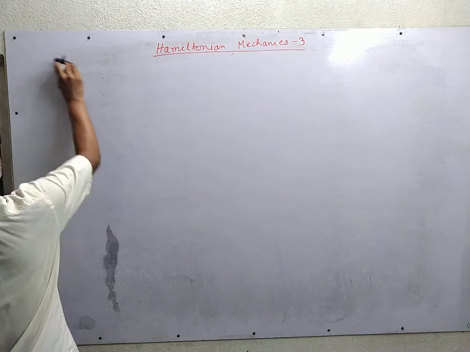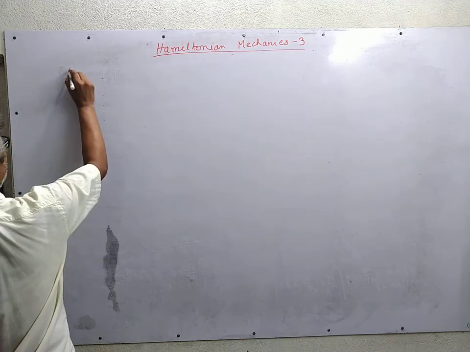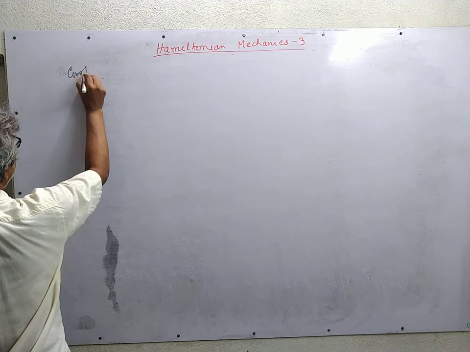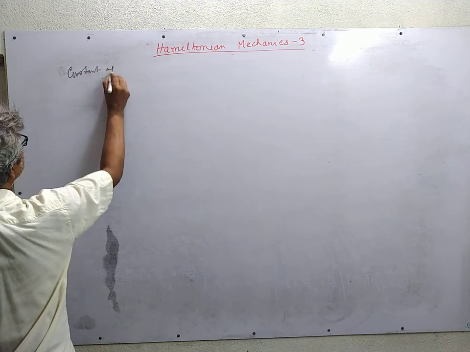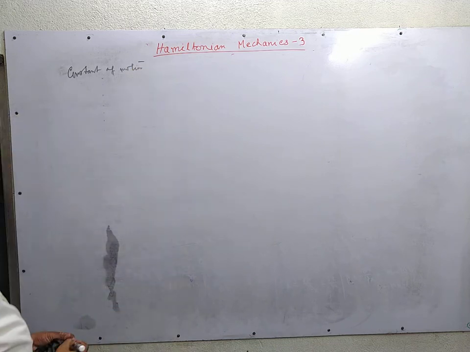We have already discussed constants of motion in connection with Lagrangian mechanics. Say we have a system which in Hamiltonian dynamics is defined by the set of q's, p's and t.